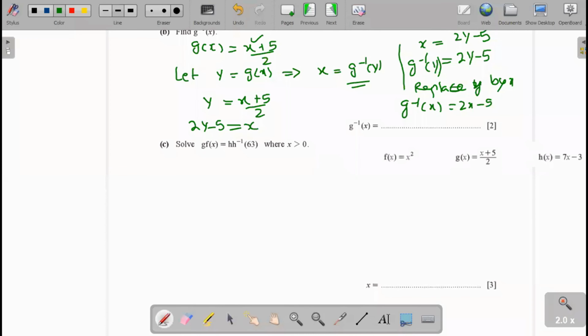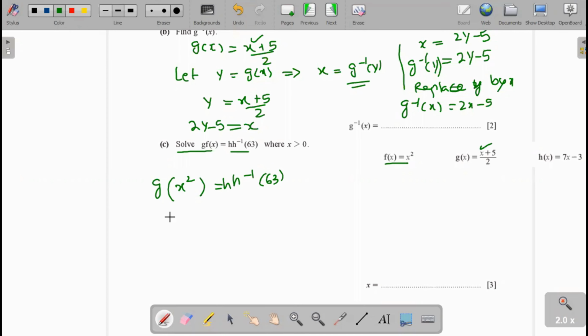Part C, solve g f of x equal to h into h inverse 63. Now you see g f of x. Now we write the value of f of x as x squared. That's equal to h into h inverse of 63. Now g of x function is x plus 5 over 2.